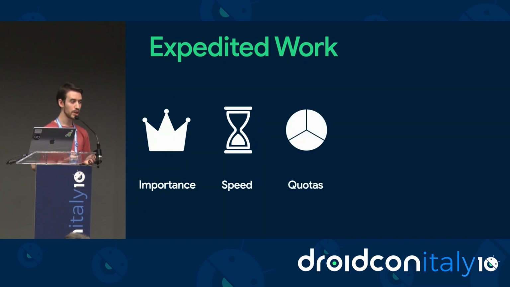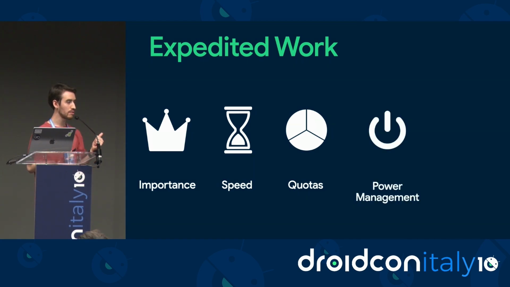Then there are quotas, because each app has a dedicated quota of time in which it can run expedited work. So when you run out of quota, you can't do it anymore. Power management: expedited work also runs in Doze mode. So even when some power management features are on, your expedited work will run anyway.